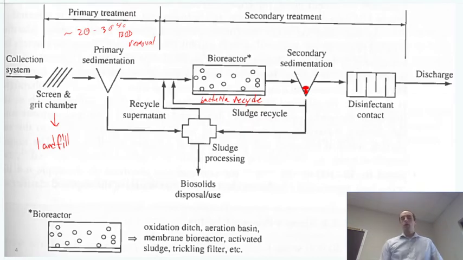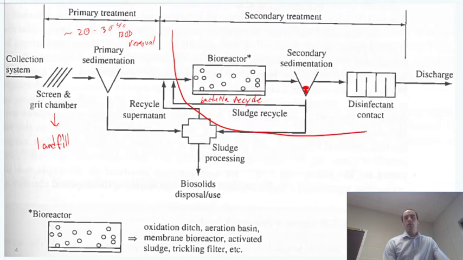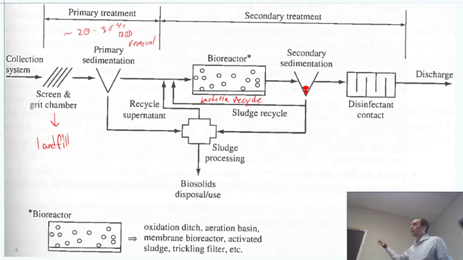Okay, from the secondary then, and really the secondary treatment, by the way, probably would just include these guys. The sludge recycle and processing is a little bit of a separate issue. If we don't process our biosolids, then essentially what we do is dewater them and then ship them off to a landfill. Okay, so that's the other alternative. That's the disposal.